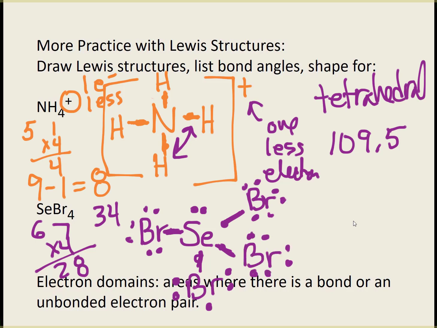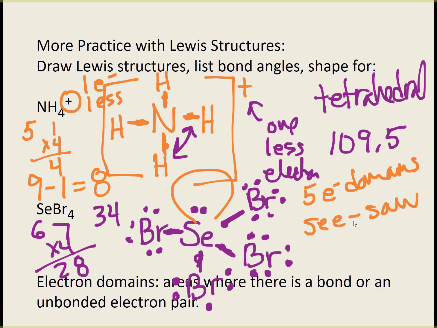Okay, so we have an unbonded pair here, and then there's 4 bonded pairs. So this is when there's 5 electron domains. So 5 electron domains. So this is in the trigonal bipyramidal family, but I've taken off 1 of the bonds, and so this is going to be seesaw shaped.